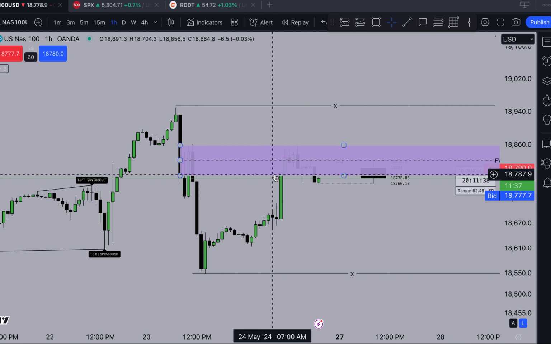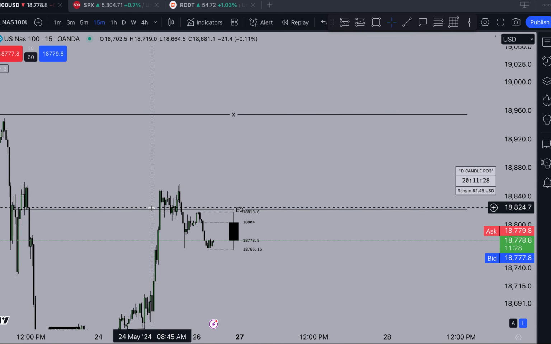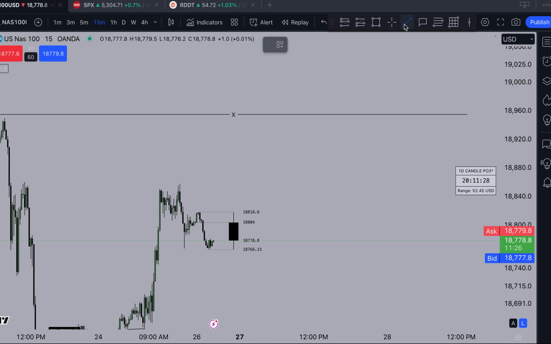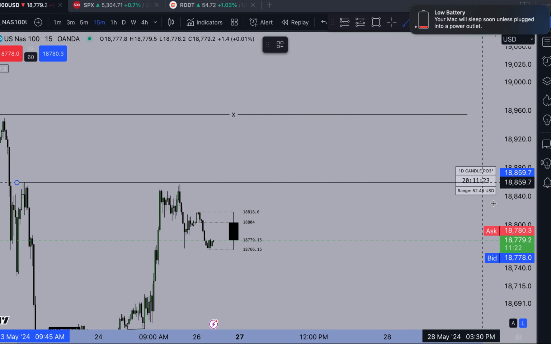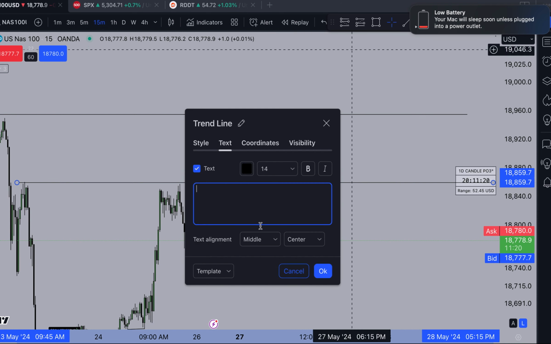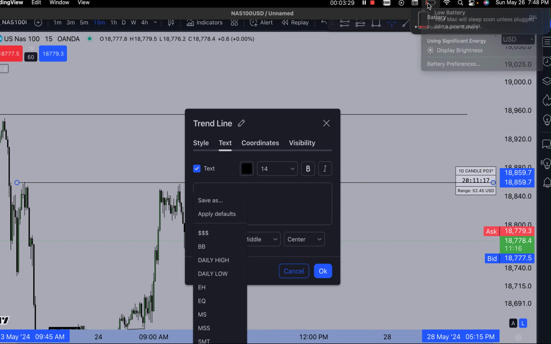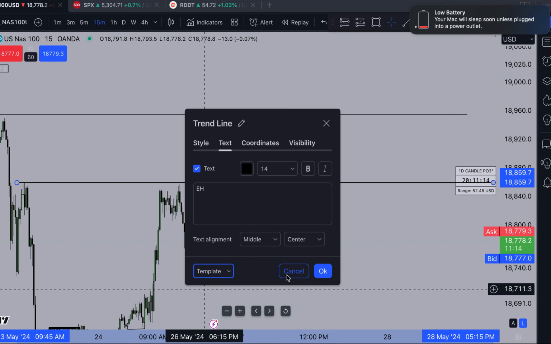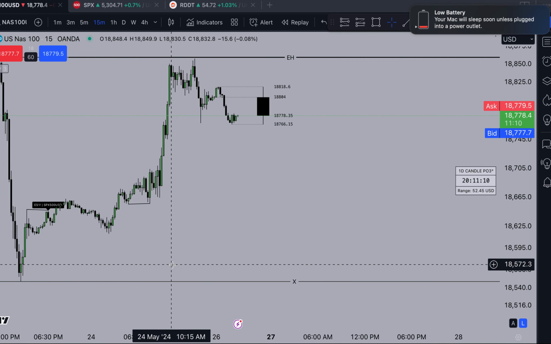Now we're going to head down to the 15-minute to mark out our internal areas of liquidity. In the 15-minute, as you can see, we have these equal highs, and then we have some resting liquidity right here.